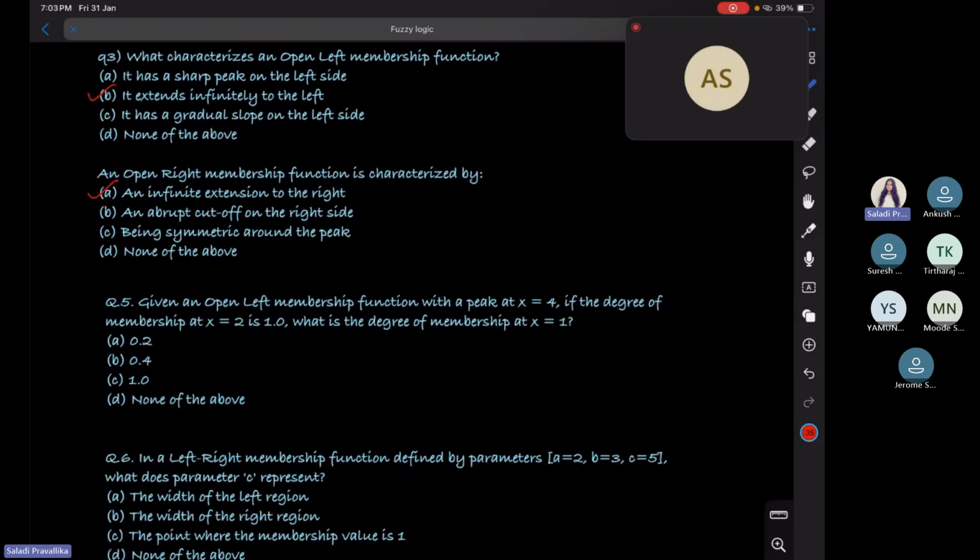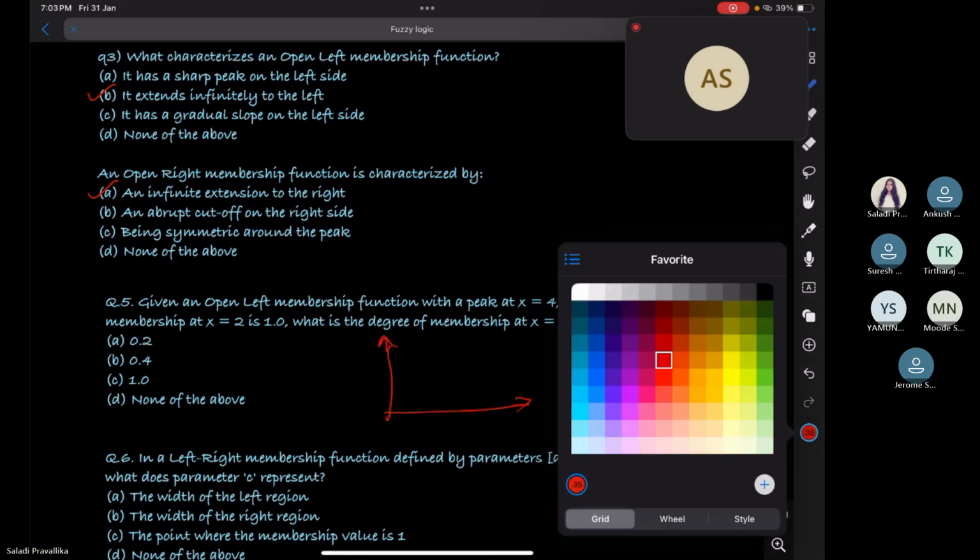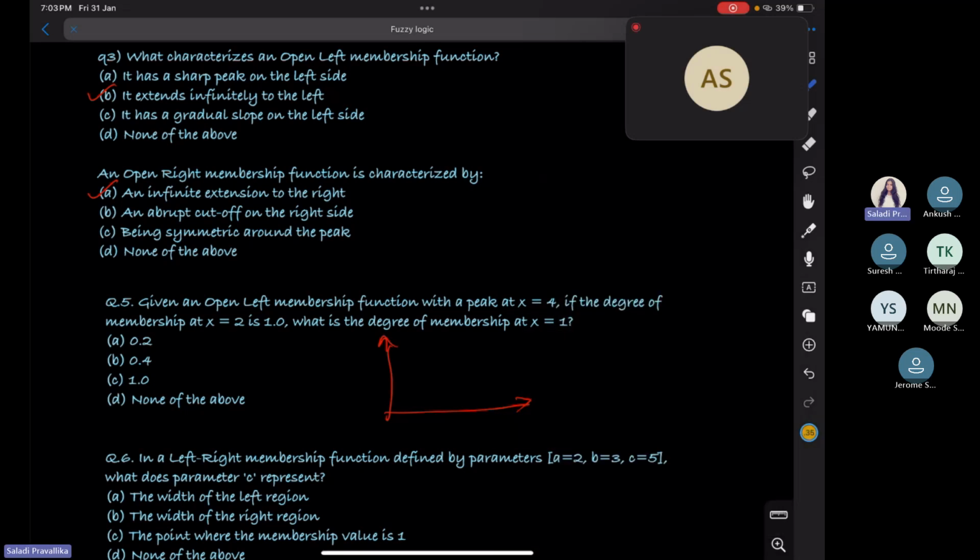Given an open left membership function with a peak at x equal to 4, if the degree of membership at x equal to 2 is 1, what is the degree of membership at x equal to 1? Okay, so let us draw the diagram. Just try to draw the graph of this.